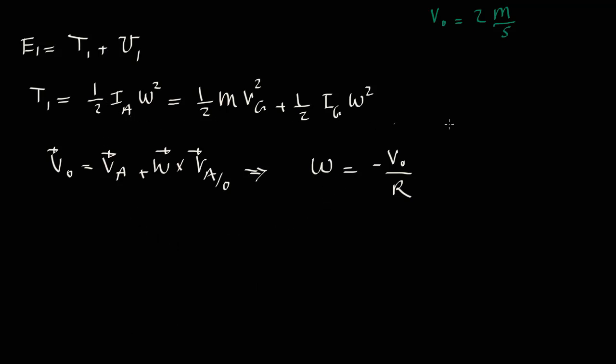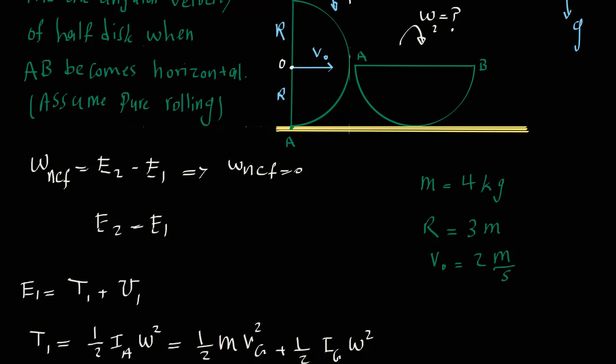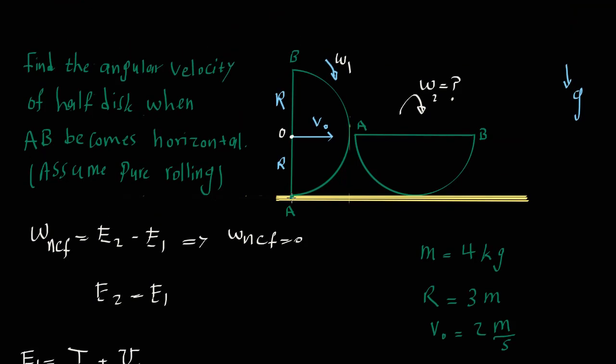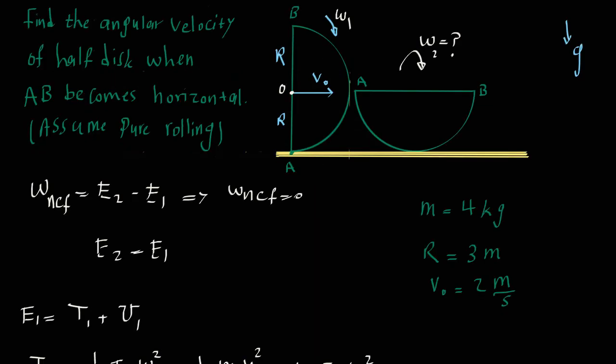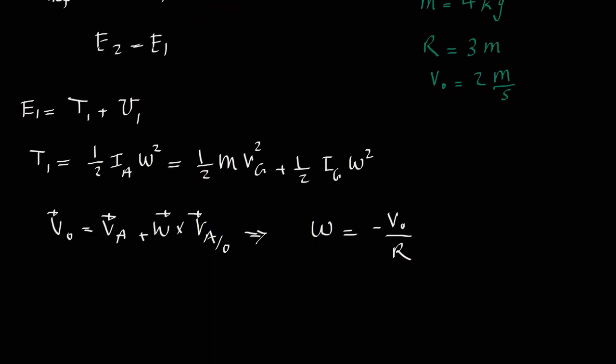Also, I have to calculate IA. And finding IA is a little tricky because, for a half a circle, remember that we said that the moment of inertia for half a circle around its center is 1 over 2 mr squared. We had that when we were studying the kinetics of rigid bodies.